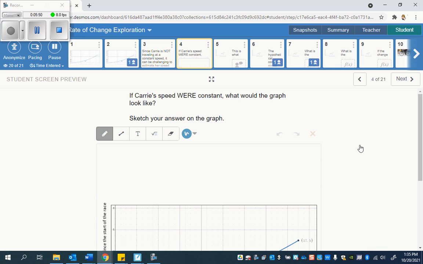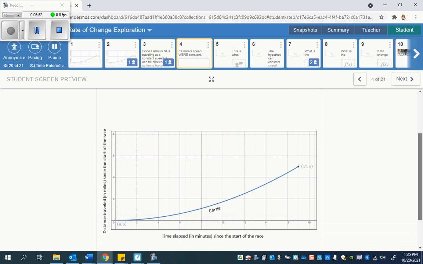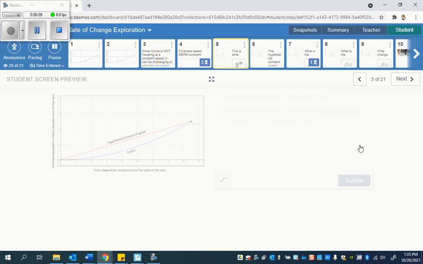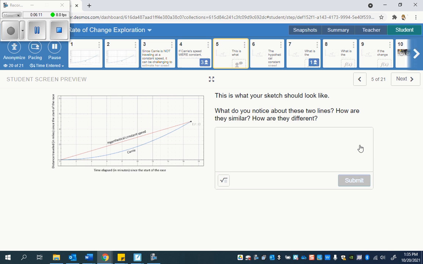And then when we talk about that, that's when we get this sketch that we were supposed to do, recognizing that if her speed was constant, my graph would have looked like that. Are we okay with that? That's what it would have been looking like if we were constant. Okay. So that's the hypothetical constant speed, and that's what the sketch looked like. And what do you notice about the two lines?